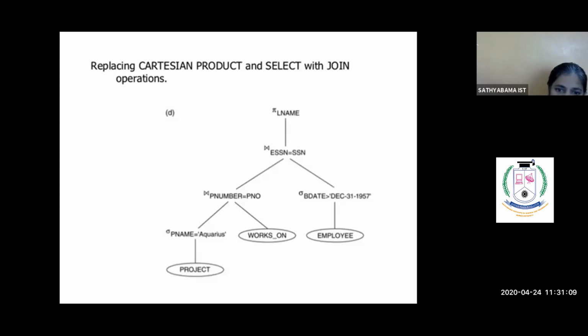The query tree says project table we have used, and from project table we have selected P name should be equivalent to Aquarius. That particular rows alone with all relevant attributes we have selected. Okay, that alone we have selected, and that is joined with works on table based on the condition P number equal to PNO.